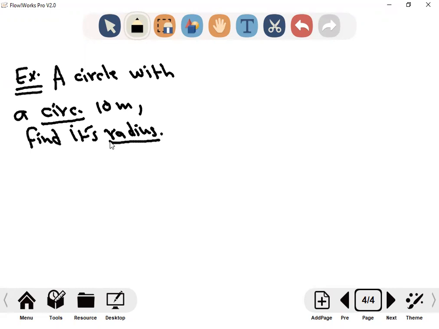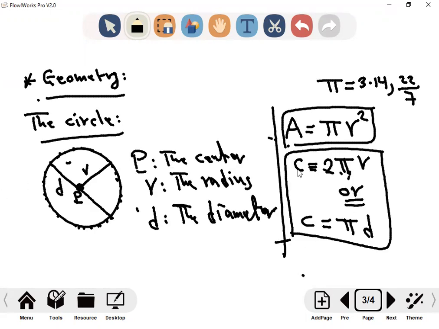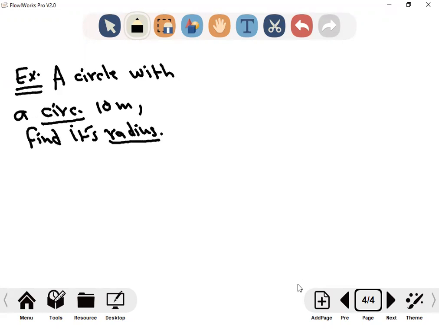Now, if we go a little bit back, which formula do we need to use? Here the circumference is given. The first one, because the radius is wanted, right? So I will use this formula. Okay? So here I will say C equals 2 pi r, right?